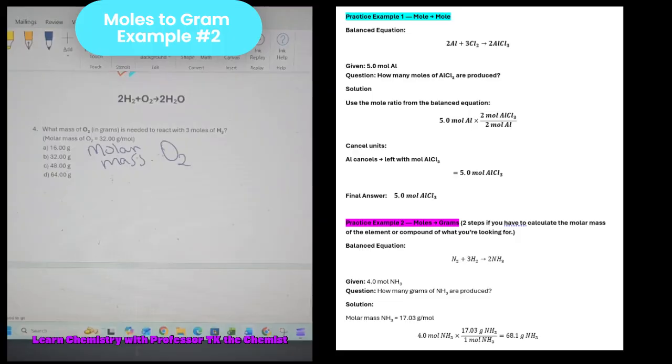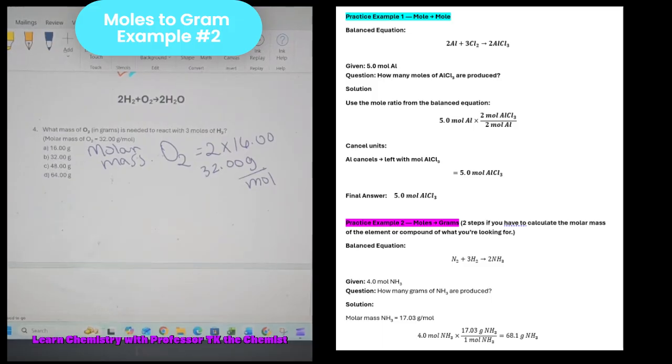Because I have oxygen, 2 of them, I'm going to look at my periodic table, and I know it's 16.00. So 16.00 times 2 gives me the 32.00 grams per mole. And those are the units for molar mass. So that's how you find the molar mass. That's like the weight for the element or compound.